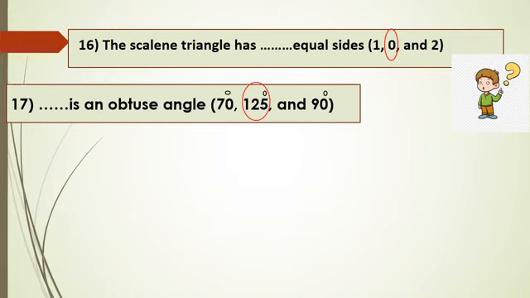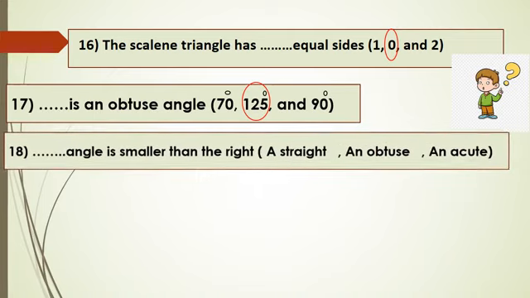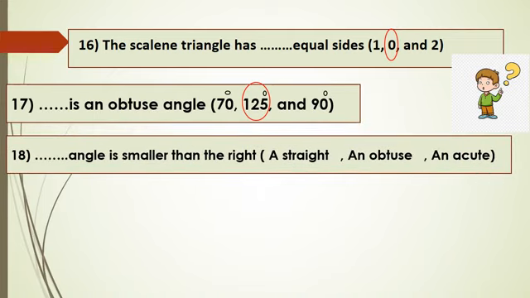This angle is an obtuse angle because it measures more than 90 degrees. Number 18. What angle is smaller than a right angle? An acute angle, because it is smaller than 90 degrees. So we choose an acute angle.